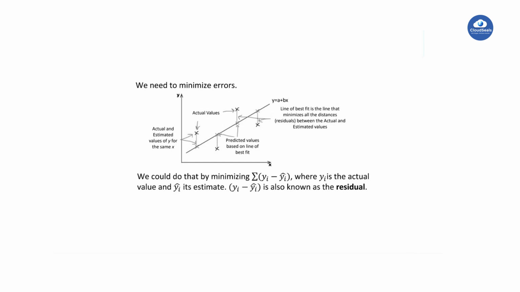So we need to minimize this error, which is also known as the residual. What we call errors is nothing but residuals. In data science terminology, we use residuals as the term for error.